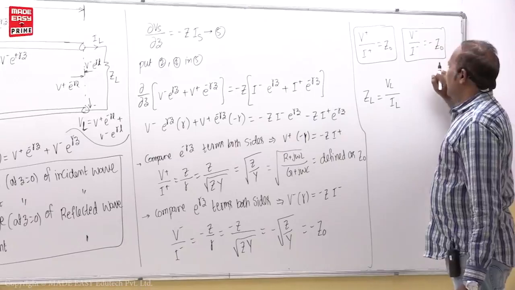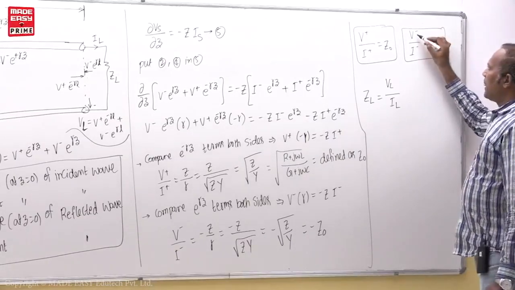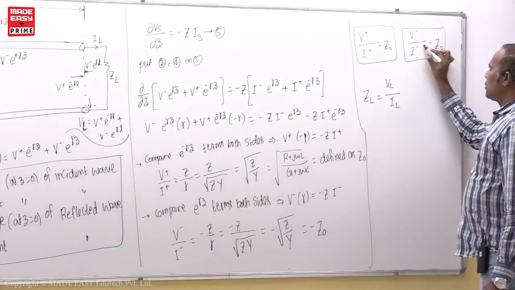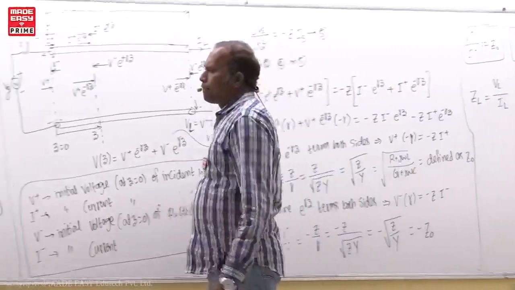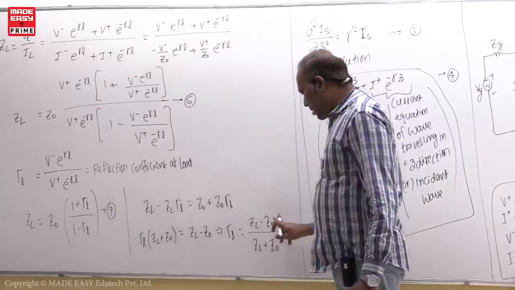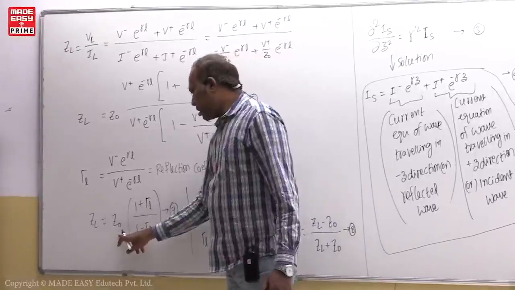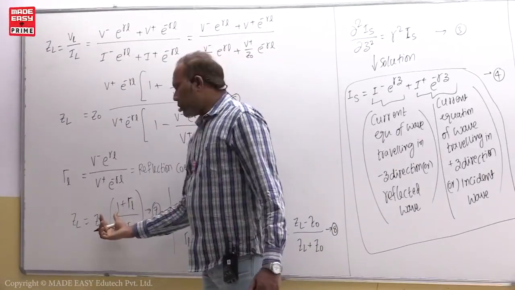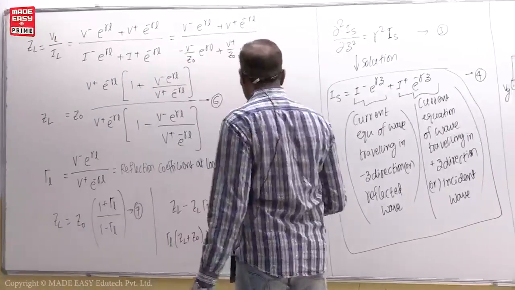For the reflected wave, power should go in the reverse direction, that is why for V minus, I minus, one of them will have a minus sign, so that the ratio is minus Z naught. And here we have derived that gamma L is equal to ZL minus Z naught by ZL plus Z naught, and also ZL is equal to Z0 into 1 plus gamma L over 1 minus gamma L. This is the equation used to draw the Smith chart. I will tell you later on about this one.